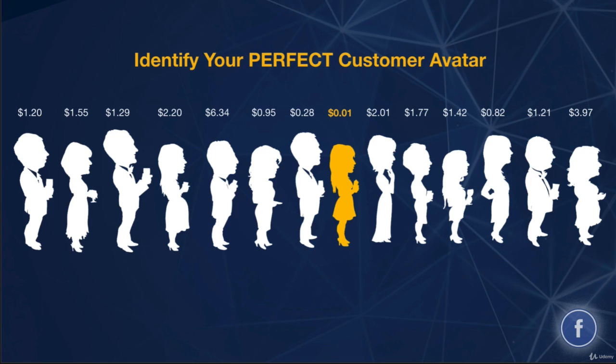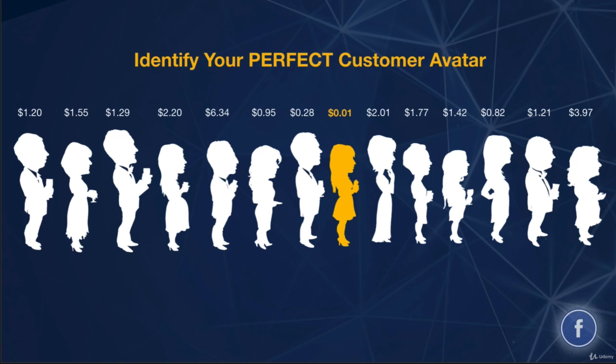So we run an ad to all these different sorts of people. And what the pixel does is it tracks how much it costs to run an ad to these people and for them to go onto your website and buy the product. Now, because we have that data, we can compare them all against each other. So it could be the person on the left, this type of person.